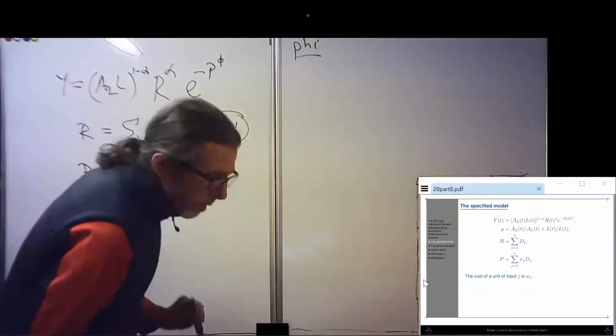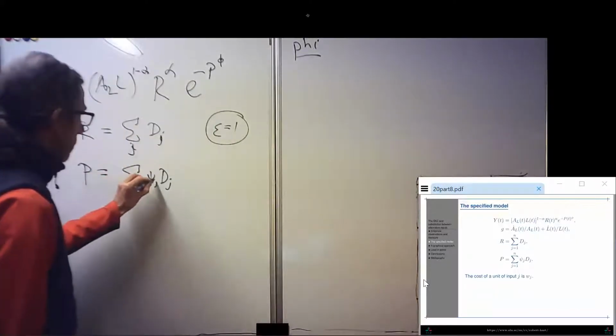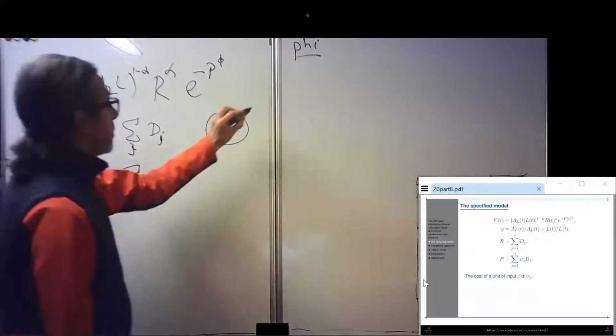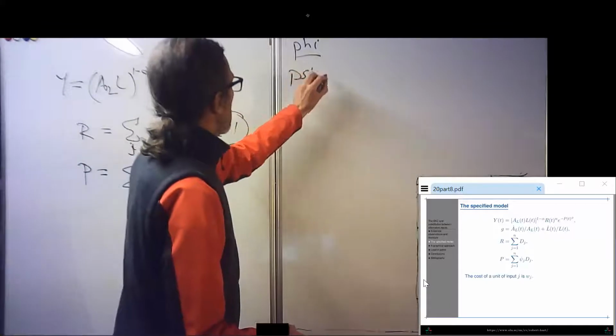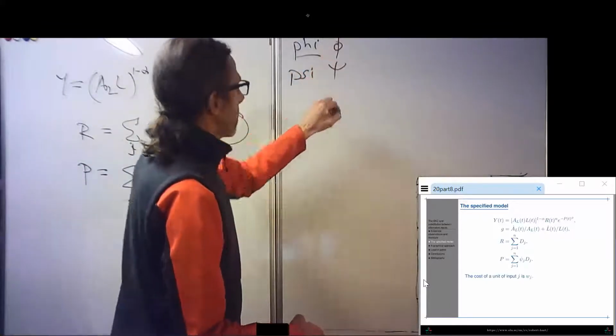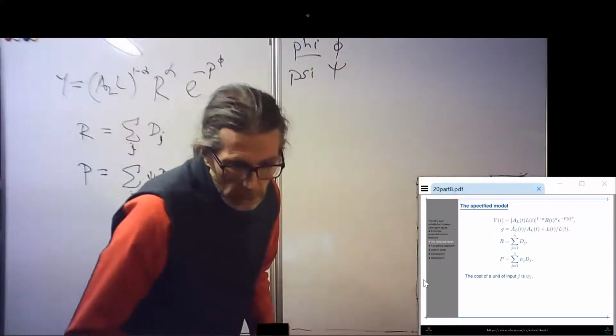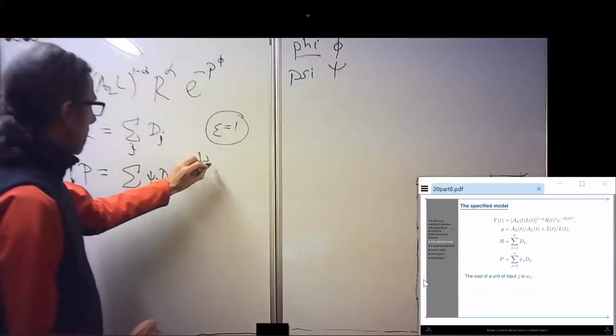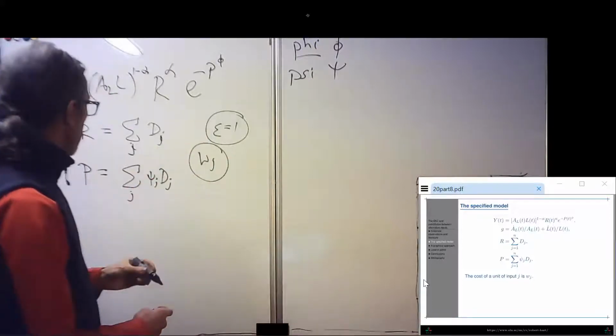For pollution, the degree to which each input is polluting differs, and that's this psi. And each unit costs Wj. So that can differ.